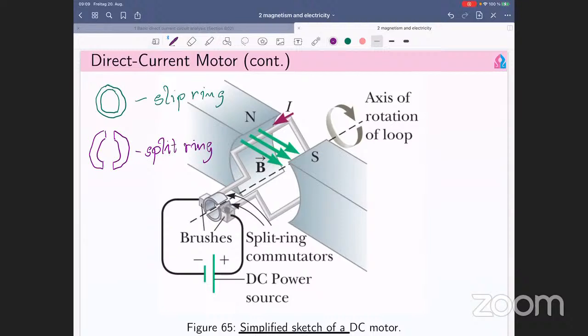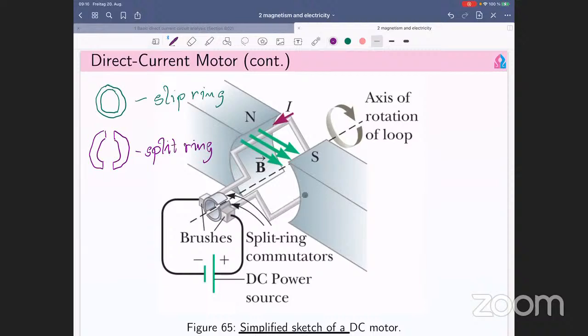When the current jumps from the brush to the split link, the split link will further transfer the current to the conductor in the rotor, you know the rotor, the rotation part, the shaft, the cylinder there, and the current will flow in this way.